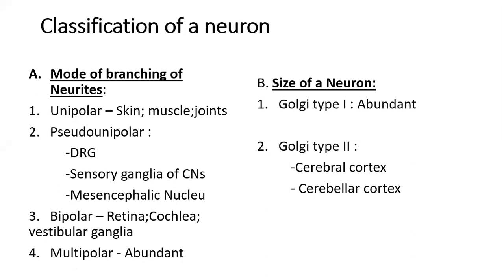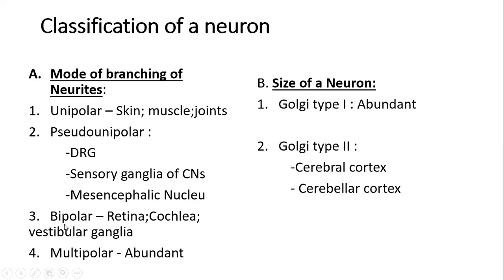When we study in detail the topic of cranial nerves, we will again look into the description of these two structures, but for now you just need to remember the examples of pseudo-unipolar locations where these neurons are found.